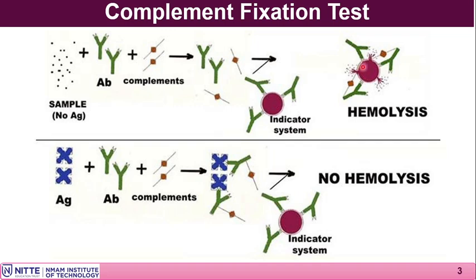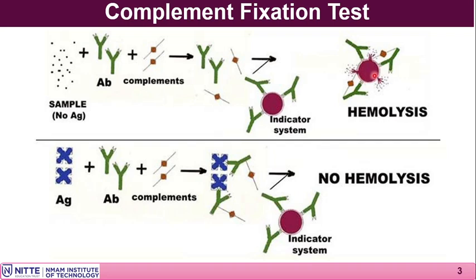As shown in the next diagram here, the complements have gone and bound to the Fc arm of the antibody and get activated and begin the lytic reaction. The lytic reaction shown by the complement will be in such a way that the sheep RBC undergoes hemolysis and releases the hemoglobin. The entire suspension becomes red in color because of the release of the hemoglobin.